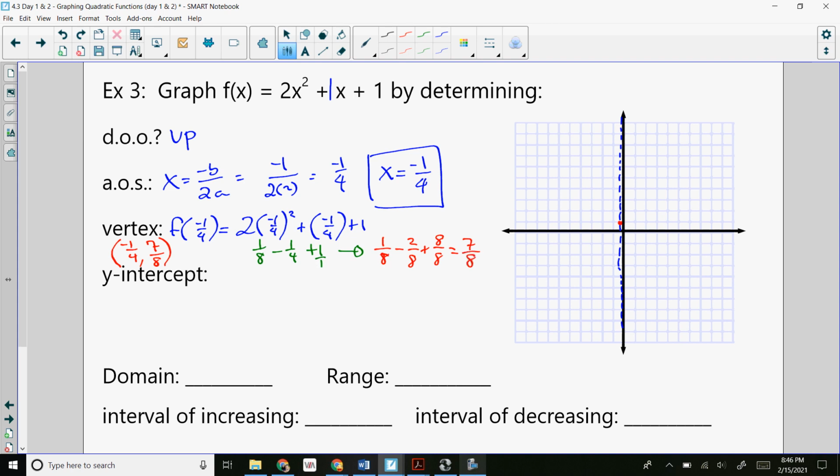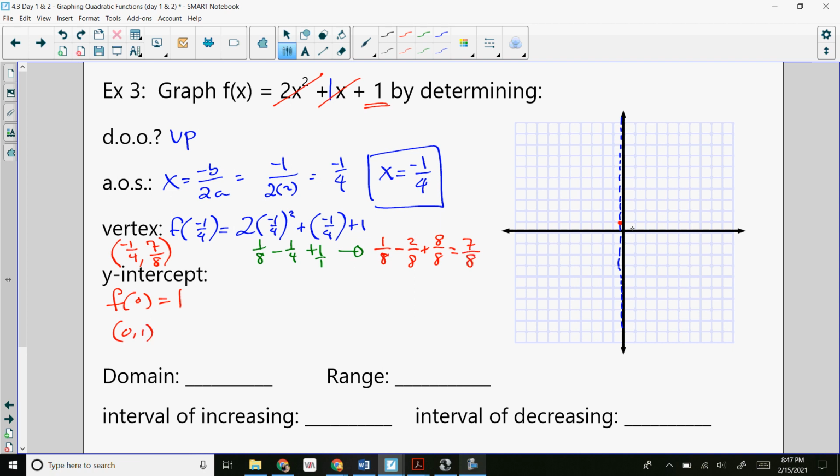Okay, the y-intercept. The y-intercept on this one is when we plug in 0 for x. It's f of 0, actually. And like we said in the last slide, this is going to turn to 0, this is going to turn to 0, and we're just left with our c value, which is 1. So f of 0 does equal 1, and our input was 0, our output was 1.